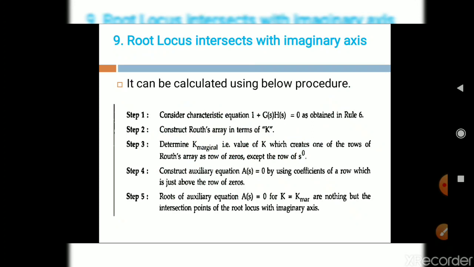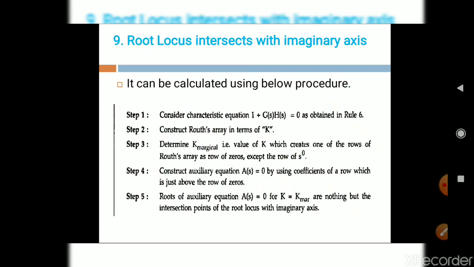Why are we finding the point of intersection to the imaginary axis? Because as the two poles collide and split from the real axis, one pole may move in an upward direction, whereas the other will move in a downward direction.